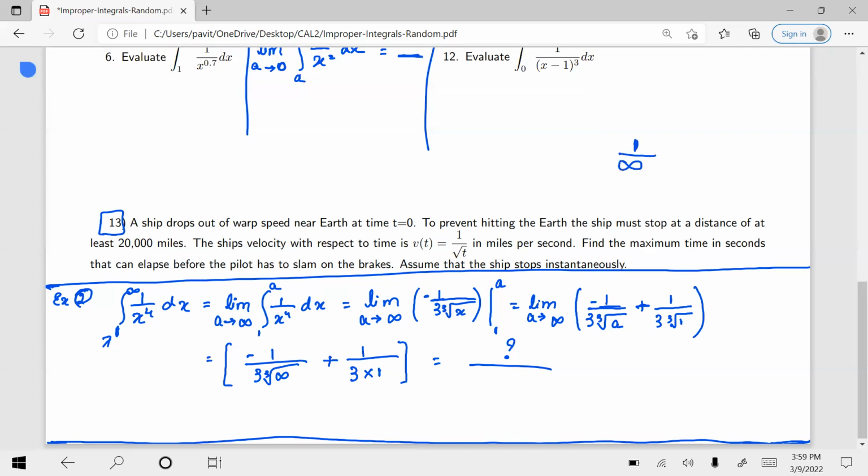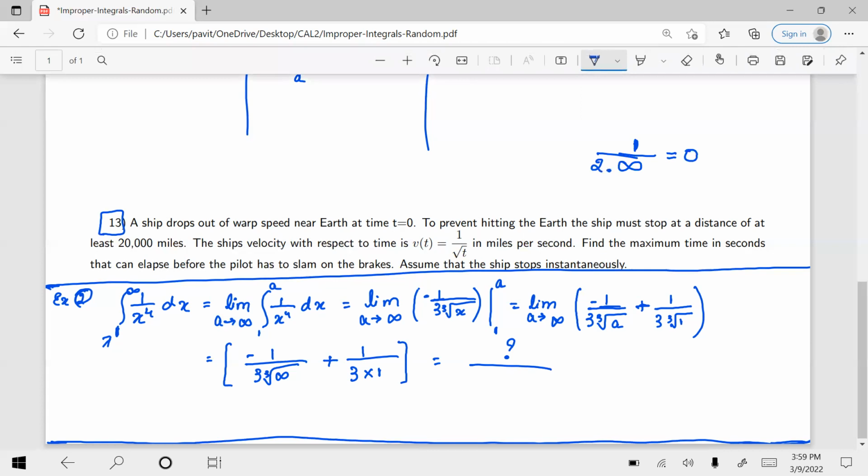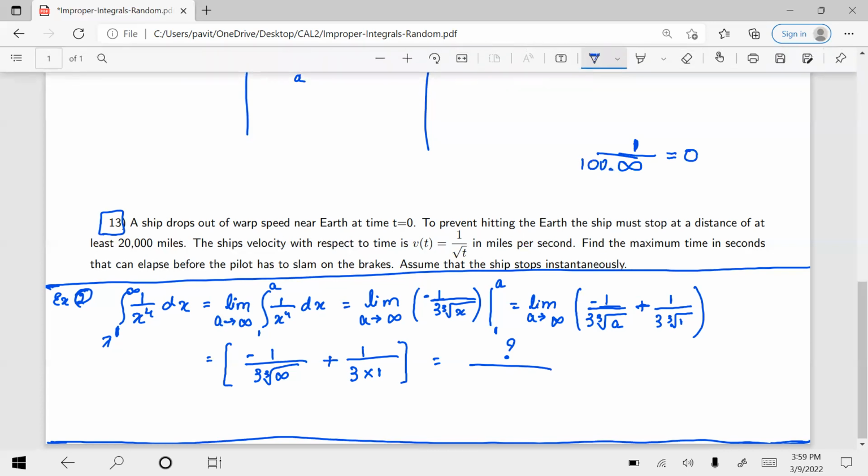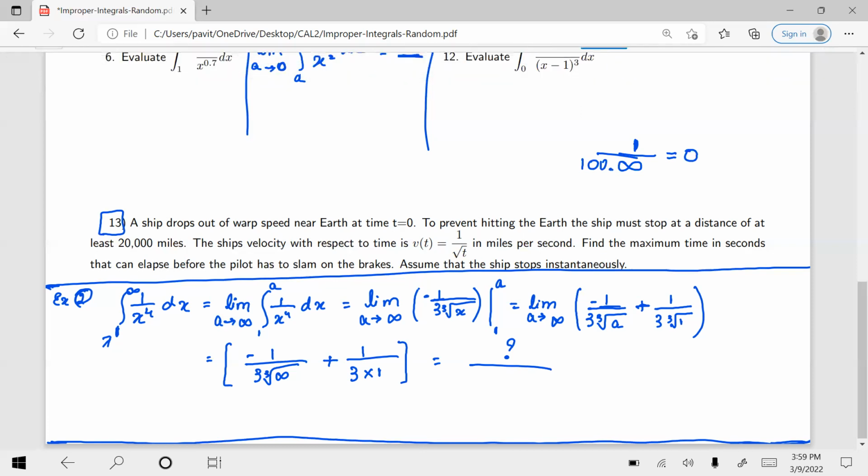Okay. So we know that 1 over infinity is 0, right? So what is 1 over 2 times infinity? It is 0. What is 1 over 100 times infinity? It is still 0. Now, if I take it as square root of infinity, it will not change. So whenever you have infinity in the denominator, the answer is straight away 0.